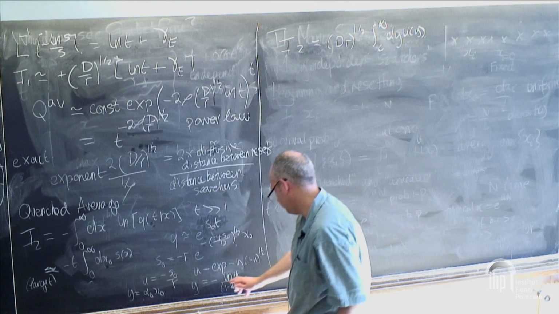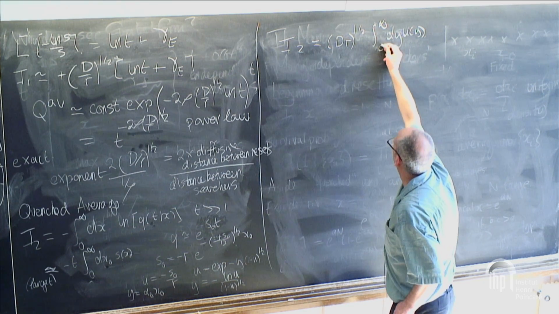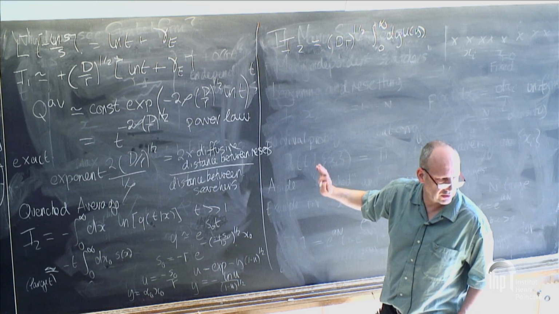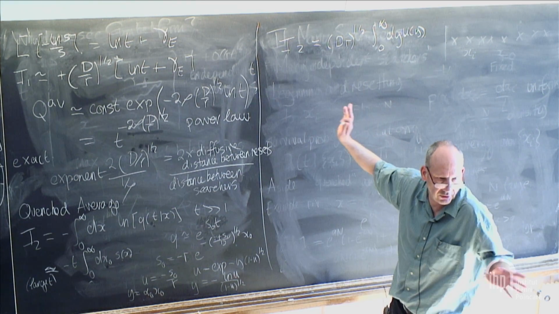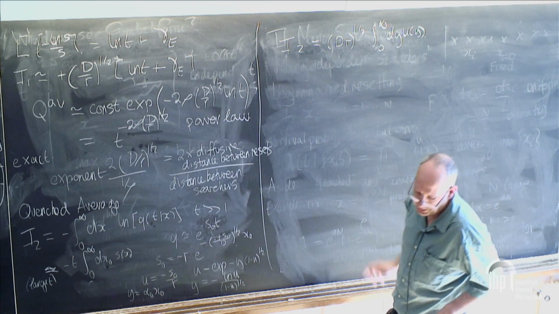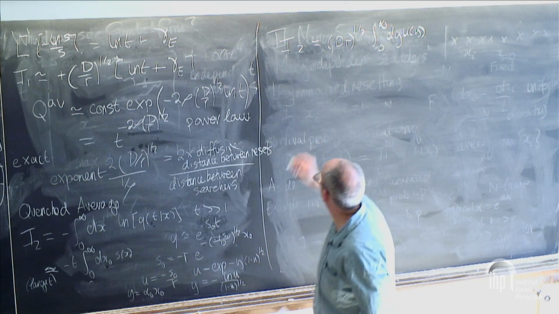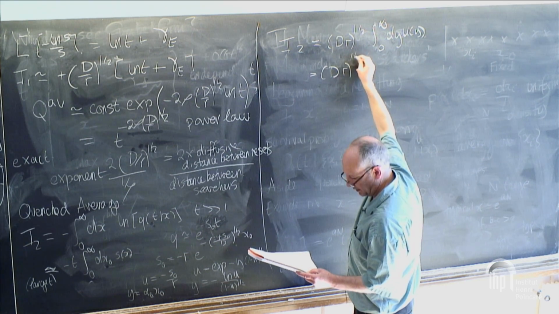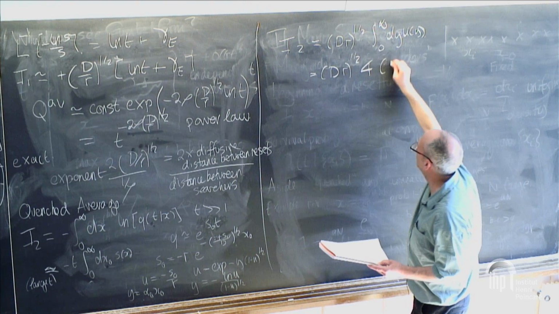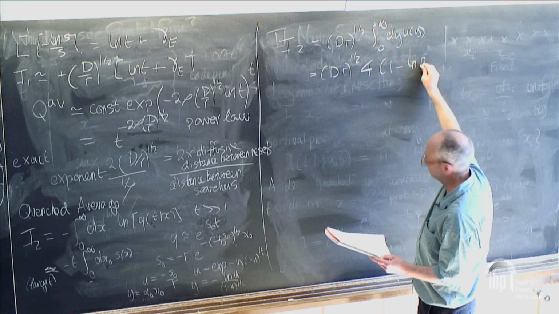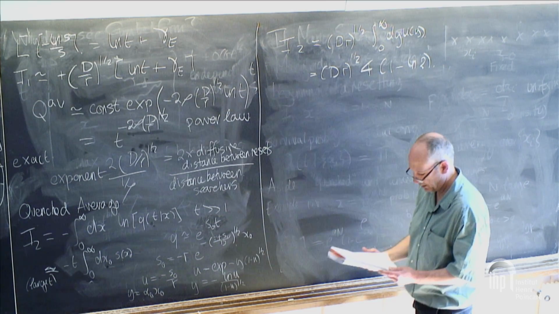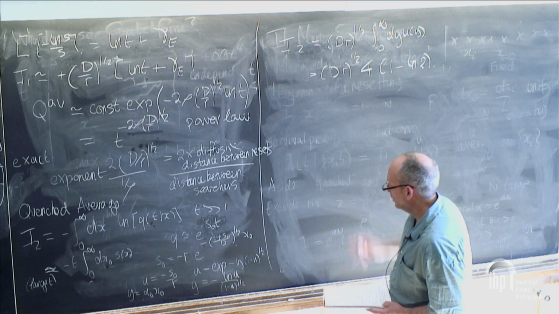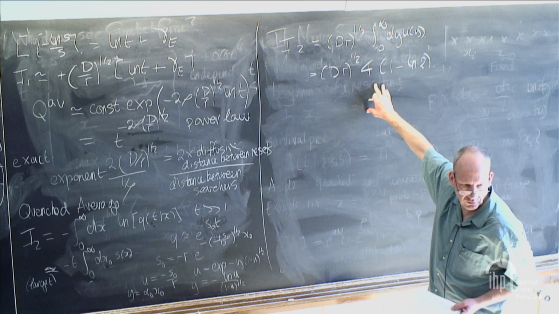And in fact, I don't know how interesting it is to drag you through it, but it's an integral that you can do. Let me just give the answer. It's (D R) to the half, 4 times (1 minus log 2). So anyway, that's the result after doing this integral.